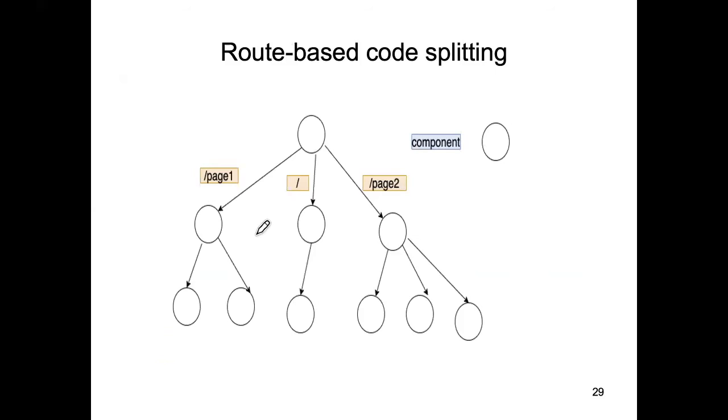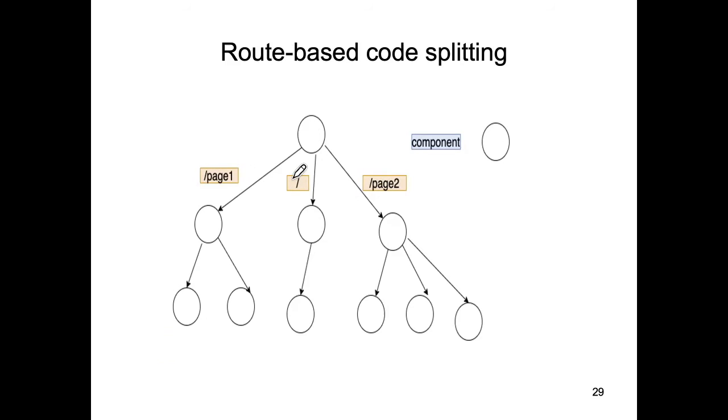Now, continuing on with this code splitting idea, we have what's called route-based code splitting. In the picture I'm showing you here, I'm just going to give you a generic explanation of what I mean by that. Supposing what I'm showing you is the component hierarchy for some fictitious application. Each of these circles is a component, and I'm also showing you the different routes that make up my application.